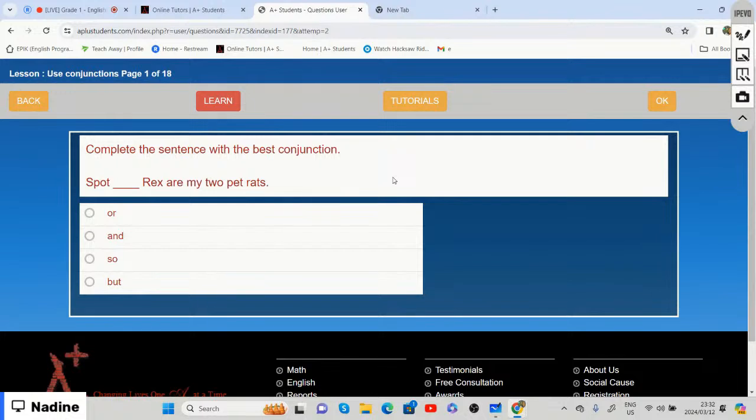Is it Spot or Rex, Spot and Rex, Spot so Rex, Spot but Rex?